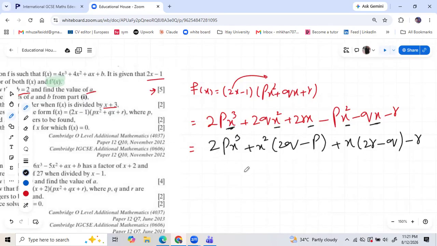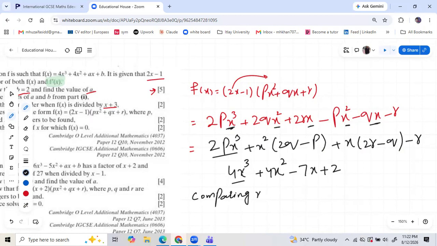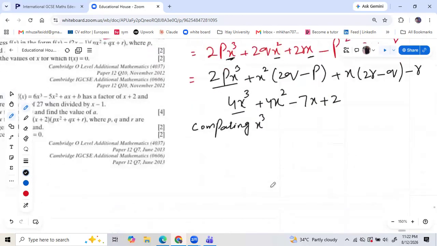Okay. We have the equation 4x cube plus 4 of x square minus 7 of x plus 2, and we can compare with respect to x cube.